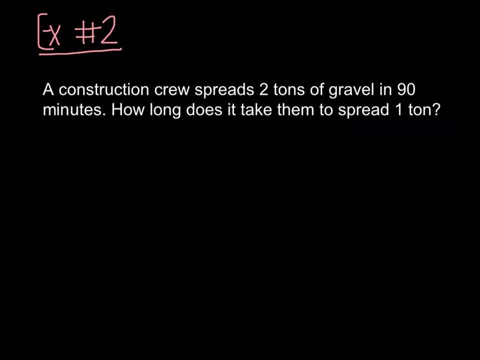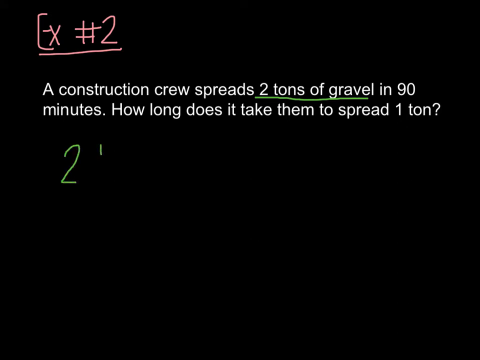Example number 2. A construction crew spreads 2 tons of gravel in 90 minutes. How long does it take them to spread 1 ton? So we're going to have to set up a proportion here. So we just use the numbers that we have. So they can spread 2 tons of gravel.